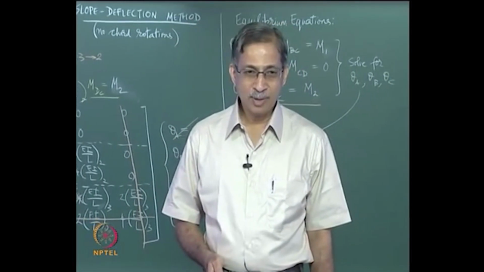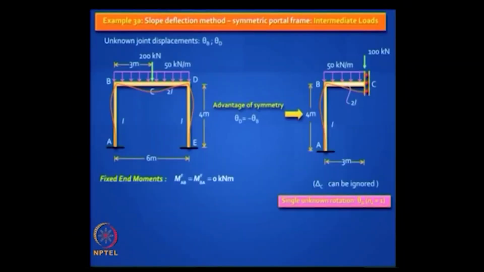Now slope deflection method, find the fixed end moments. AB has no fixed end moments, BC has fixed end moments, how will you calculate them? By the way, when you cut that beam at C, that 200 kilonewton load in the middle will also get cut equally, one half will go to the left span and the other half will go to the right.